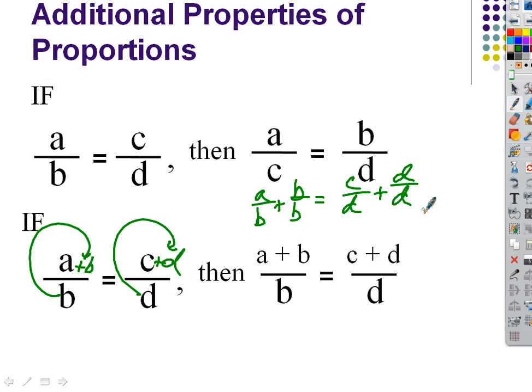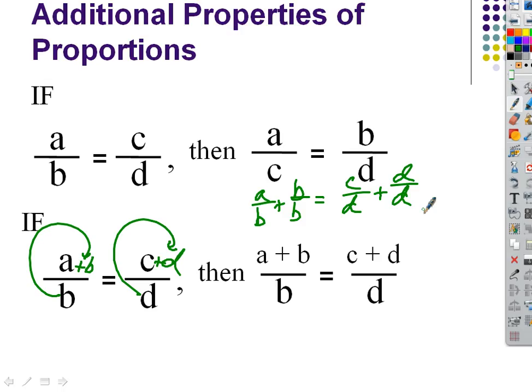Does that make sense? Well, yeah, it does. What's b over b? What's b divided by b? 1. What's d divided by d? 1. So all I've really done is add 1 to both sides of an equation. That's okay to do, isn't it? Right? Okay, so that's another property that works.